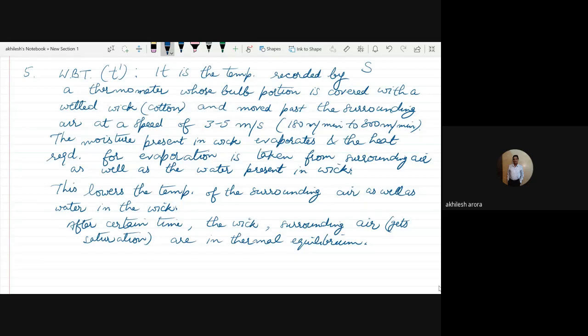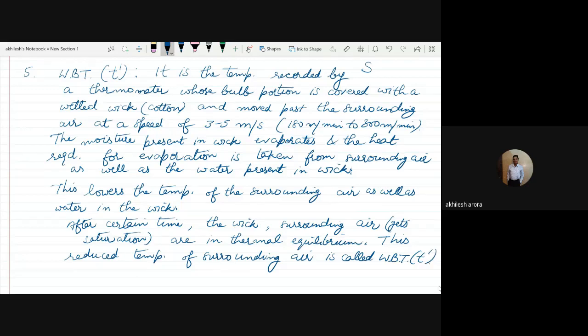Okay, so basically during this evaporation this thermal equilibrium is achieved, and this reduced temperature of surrounding air is called wet bulb temperature or T dash.